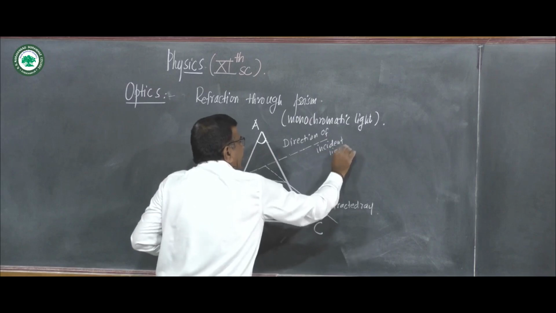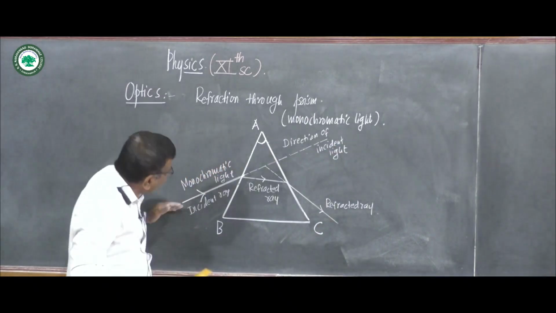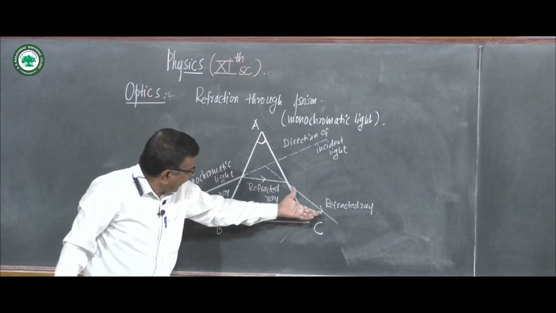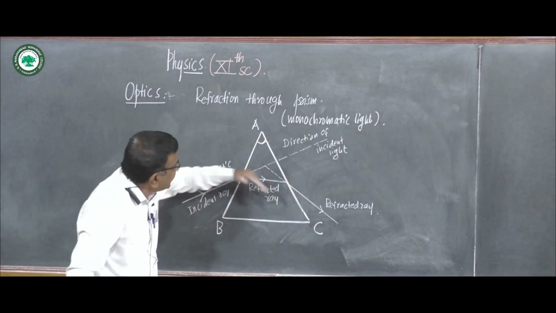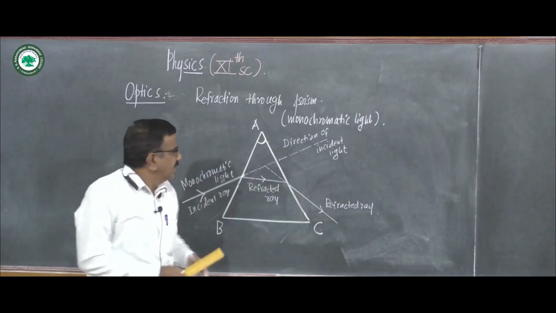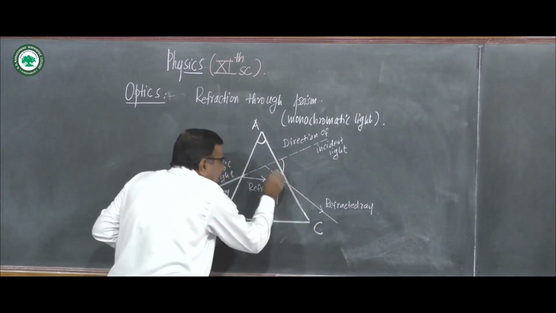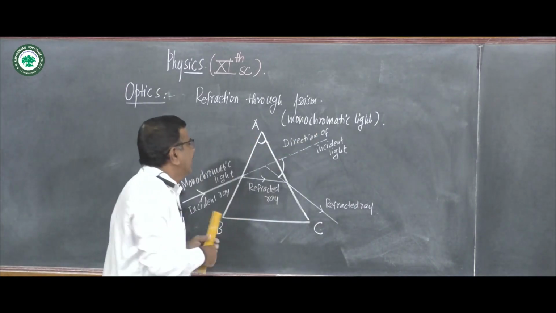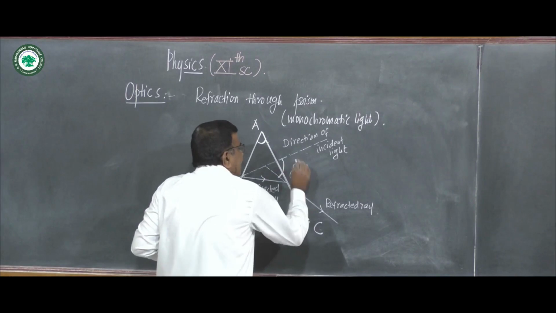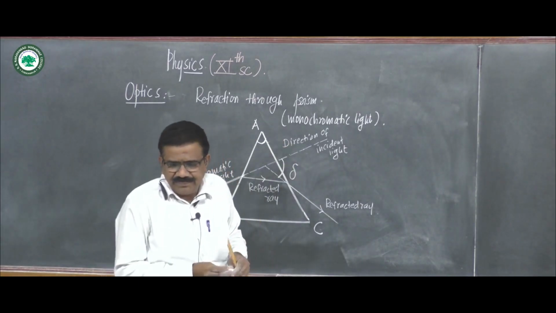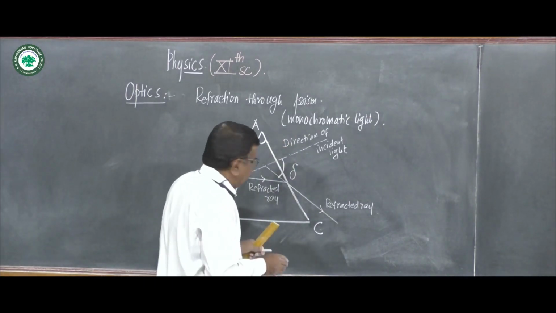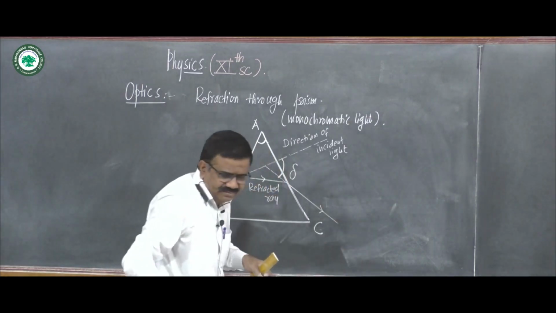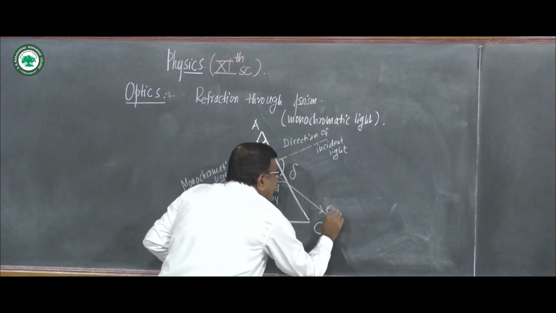If prism is not there, the light travels along this straight line. And if this refracted ray is produced, it means this ray is deviated through this much angle. The incident ray is deviated through this angle, and this angle is denoted by delta. This is refracted ray, and one main thing is this is emergent ray.